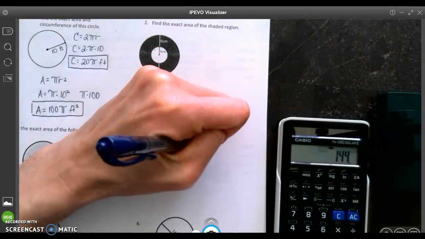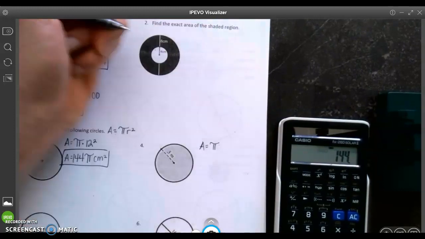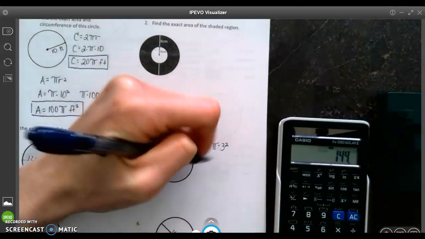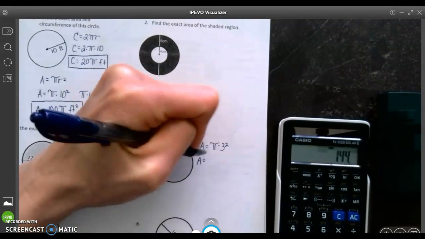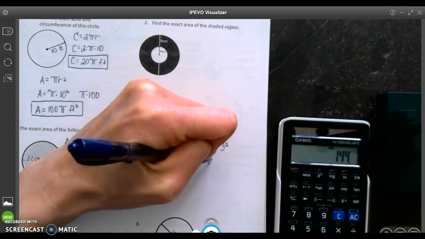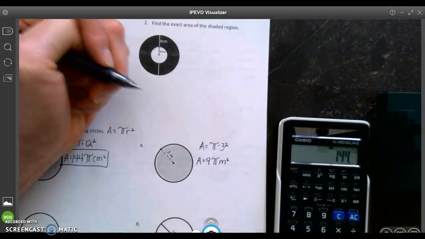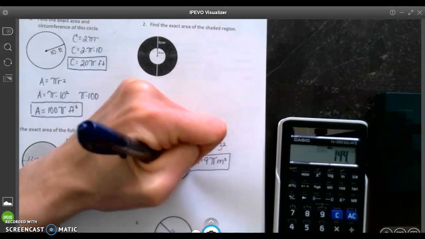So area equals pi times 3 squared. 3 times 3 is 9. So area equals 9 pi. This one's meters, so meters squared. And that's our answer.